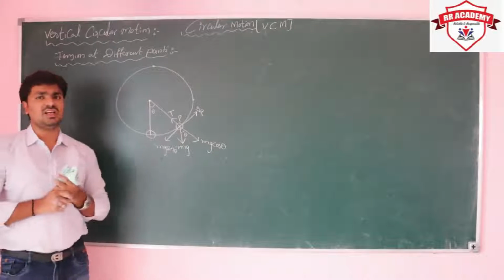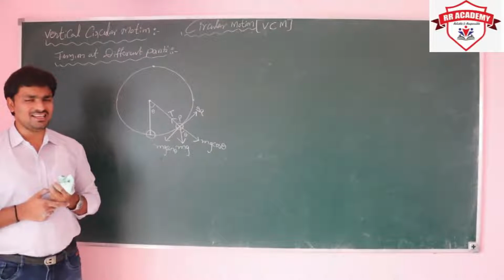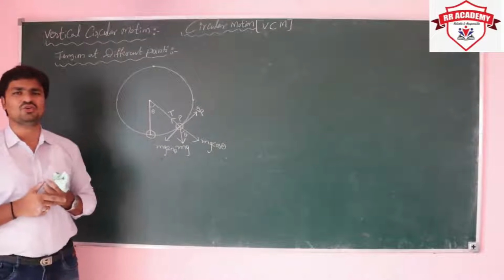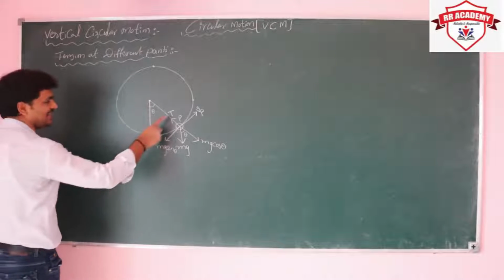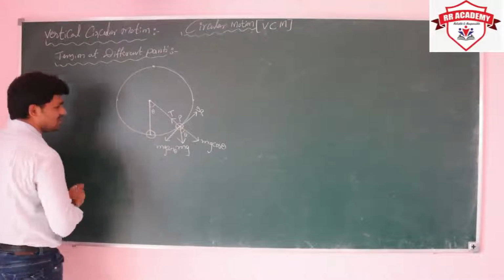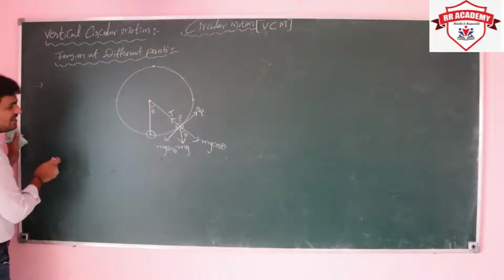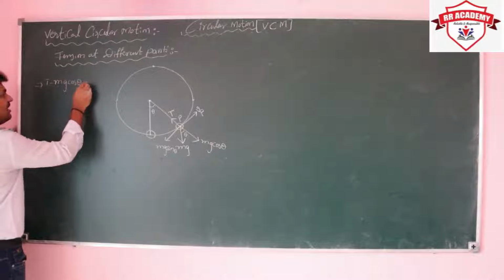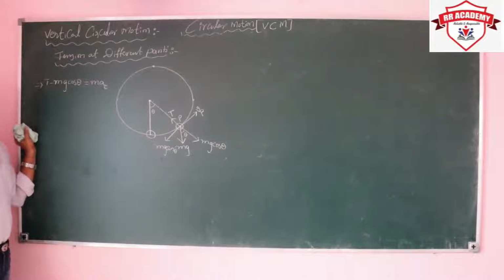Due to that velocity, the particle has some centripetal force. We know that when a particle is moving along a circular path with some speed, there is a force acting towards the center, which we call centripetal force. The centripetal force is balanced by the tension, so the particle is in equilibrium. Here you can apply the net force equation: T minus mg cos theta is equal to ma, where the acceleration is the centripetal acceleration.